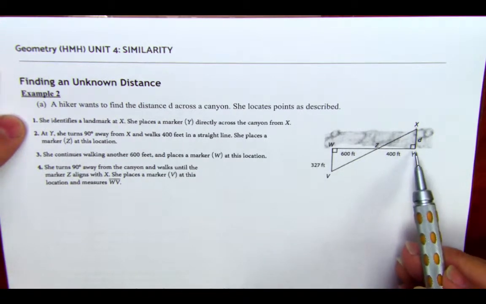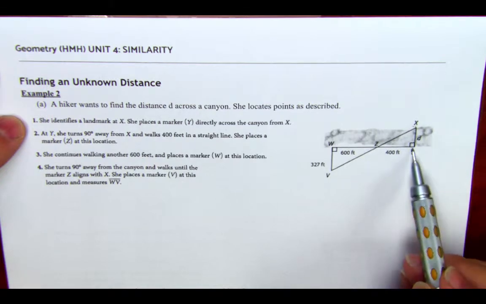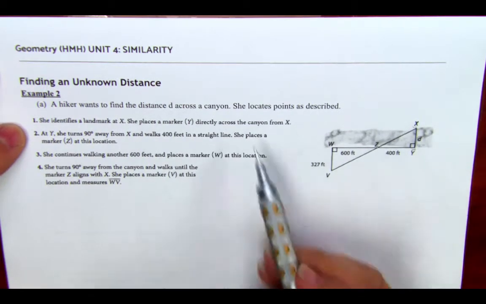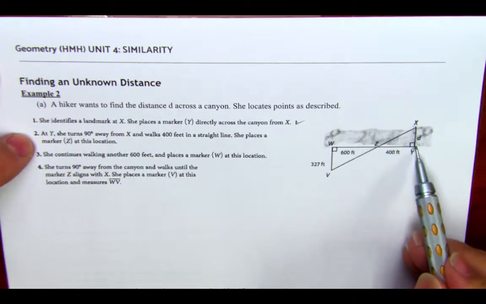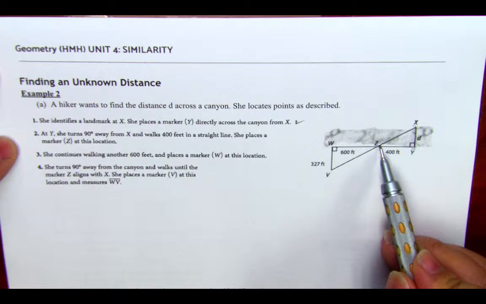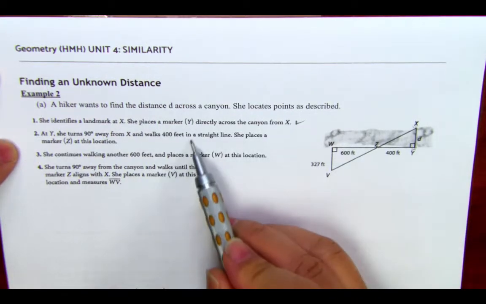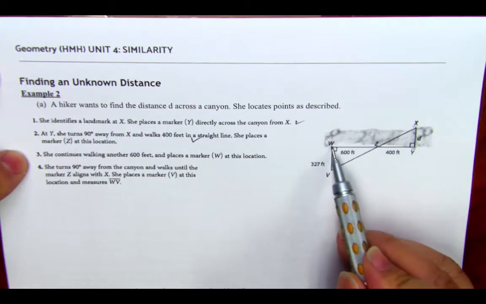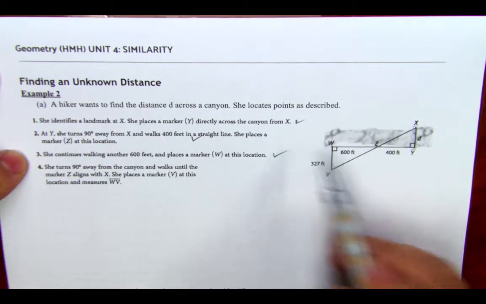So she has a landmark X, and she places a marker directly across the canyon. Check. She turns 90 degrees, and she keeps walking 400 feet. And then she places a marker at Z. Check. She continues walking another 600 feet and places a marker there, check.